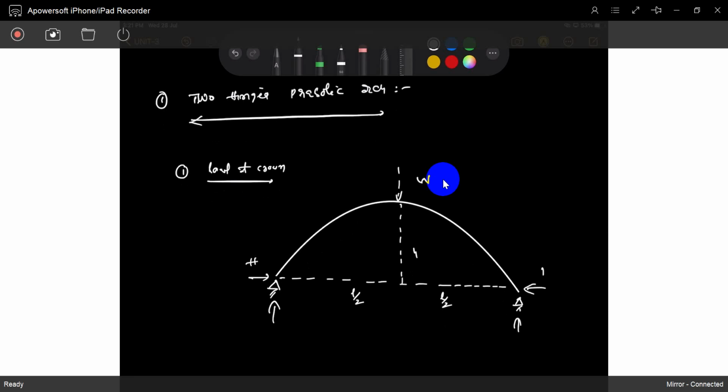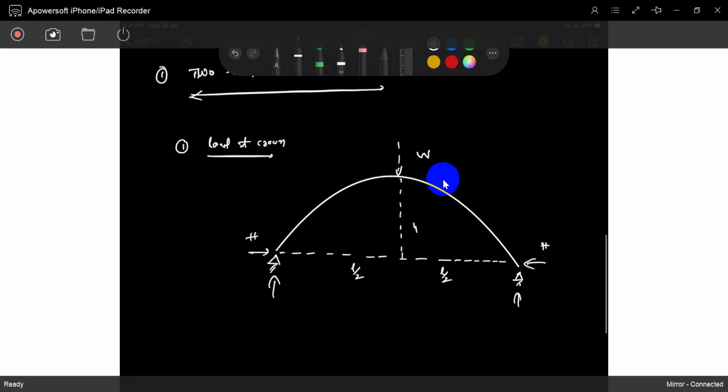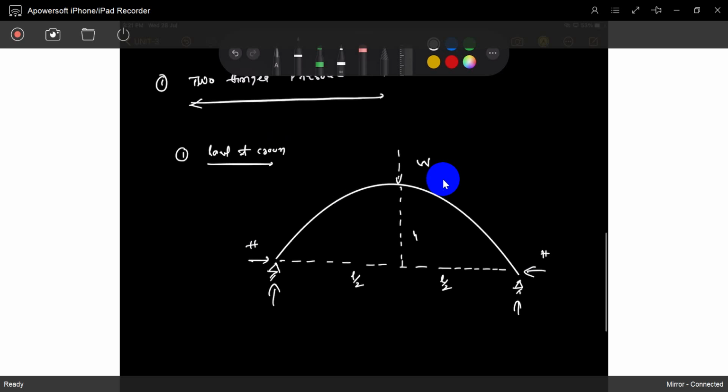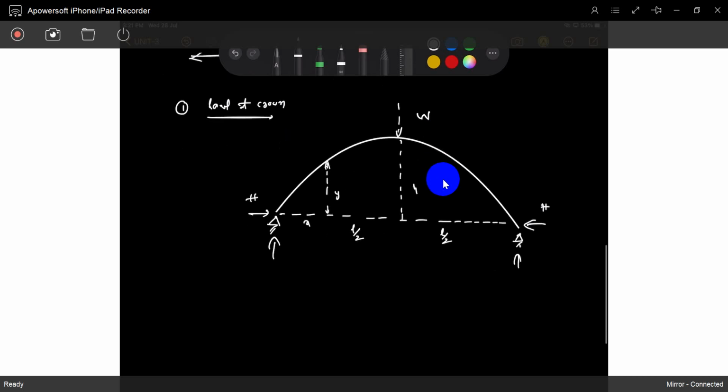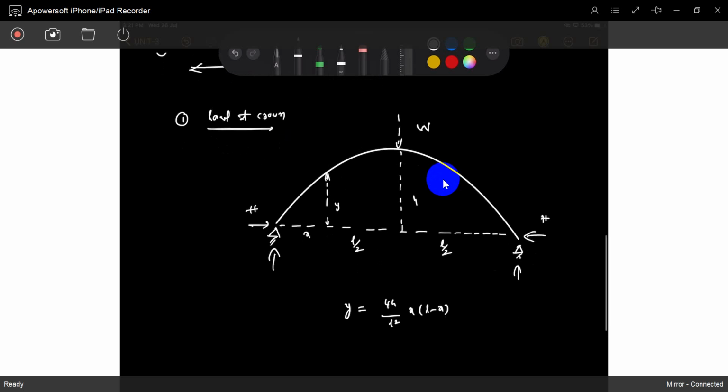In this there are no angles, but how do x and y vary? You already know y is equal to 4h by L square times x into L minus x, if you take this as x and this as y.